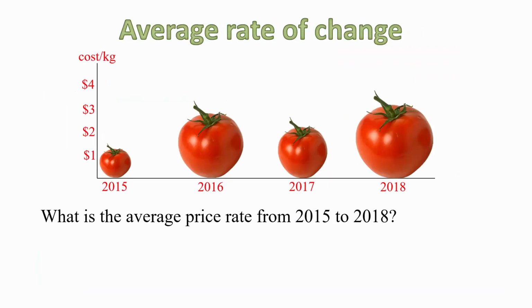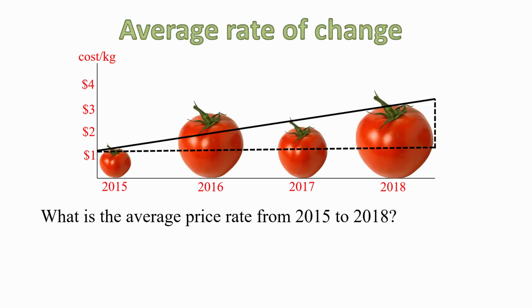Here's a practical application of what we're talking about. This time the average rate of change. Here we have a graph of the cost of 1 kilogram of tomatoes from the years 2015 up to 2018. And you can see that the value of the kilogram of tomatoes is not constant. Can we obtain an estimate of the average price from 2015 up to 2018?